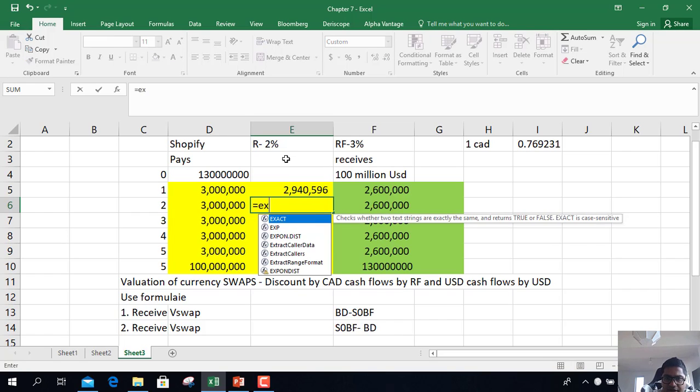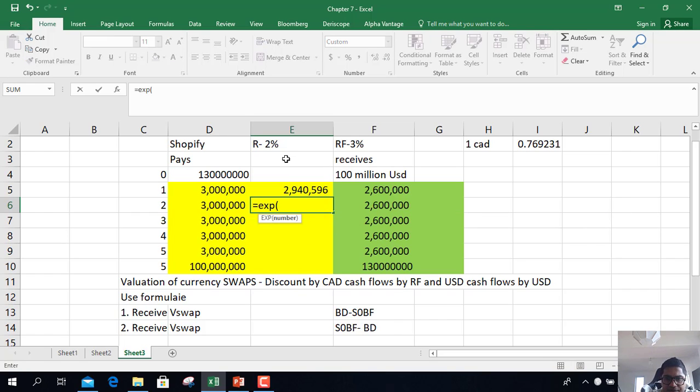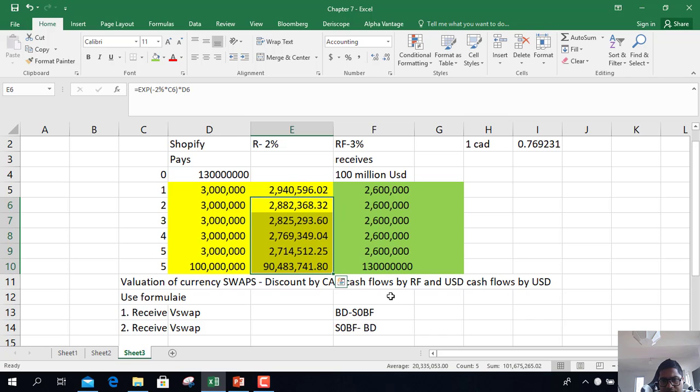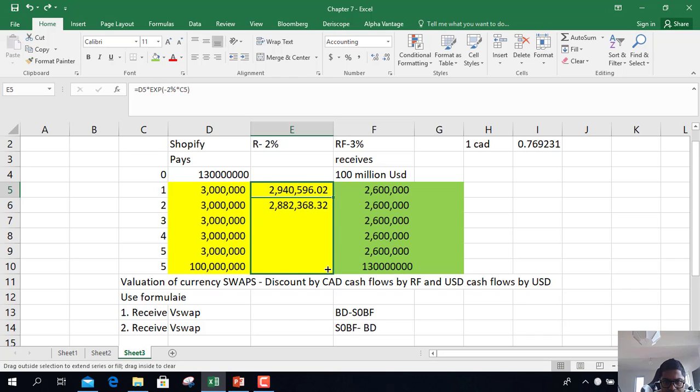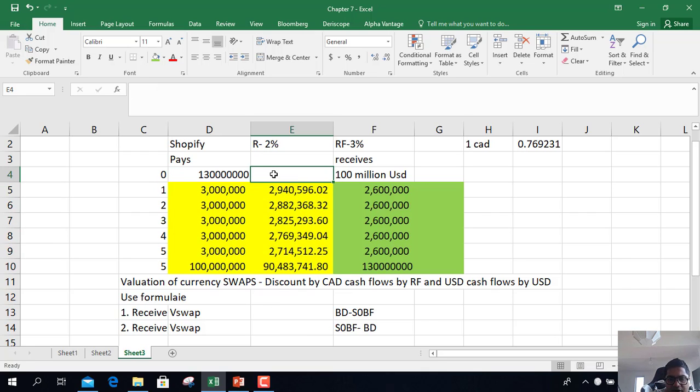Second cash flow, exponential, negative sign for discounting, 2% into time, multiply this by the cash flow. I'll just drag it down. Okay, so these are present values in USD. If you add them up, it will be 104 million USD, right?